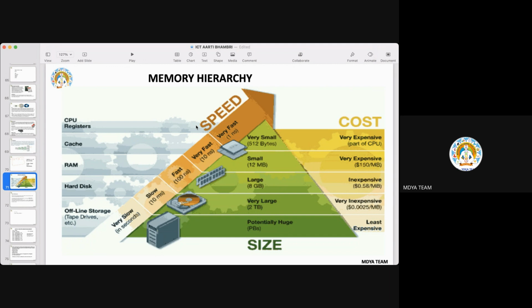Then the hard disk, which is inbuilt in your computer system, is faster. Then RAM, then cache memory, and then the CPU unit. The CPU unit is again made of various registers to keep data and for its functioning. So very slow, fast, very fast, and extremely fast. Registers are extremely fast units in memory.